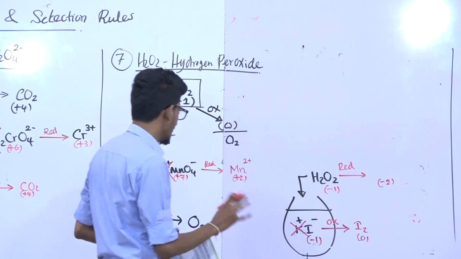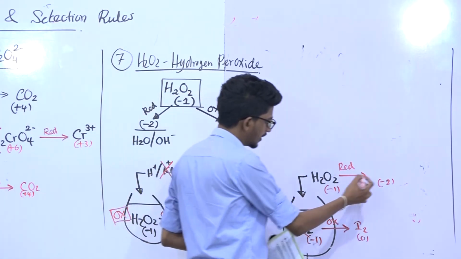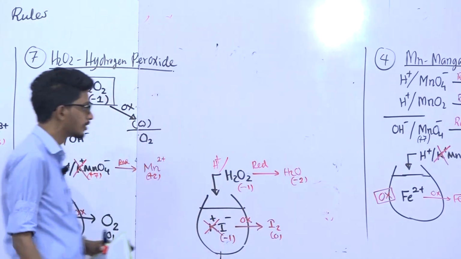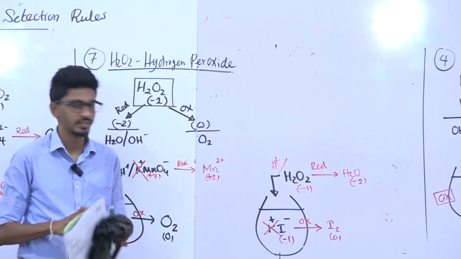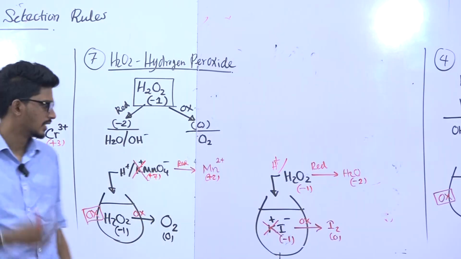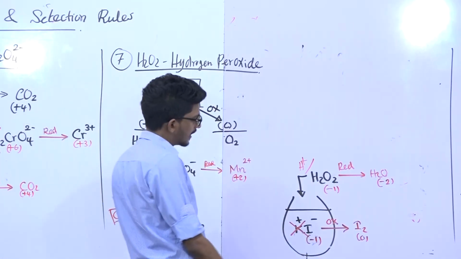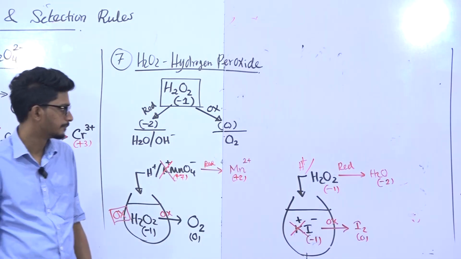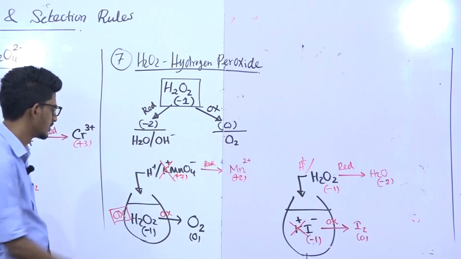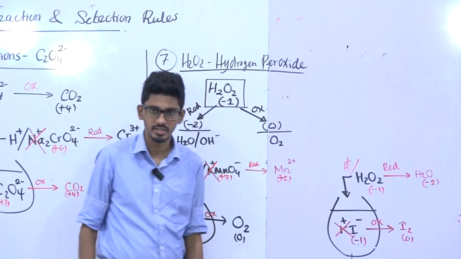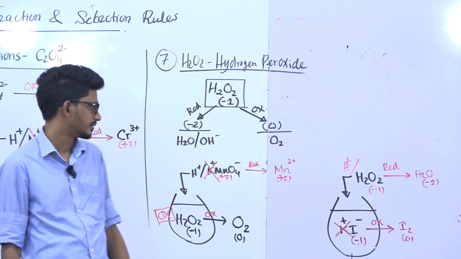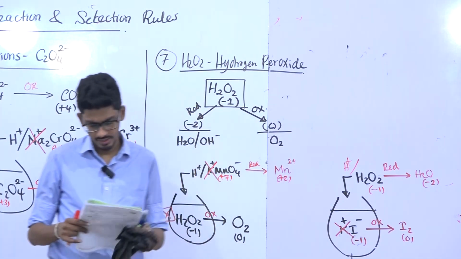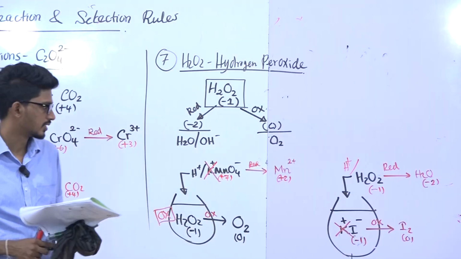If it is an acidic medium reaction, you will produce H2O. If it was a basic medium reaction, it will go towards OH-. Nowadays in basic media, OH- is more prominent than H2O. So you see H2O2 can convert to O2 as well as to H2O or OH-, depending on the possibilities of the other species. That is the behavior of H2O2.